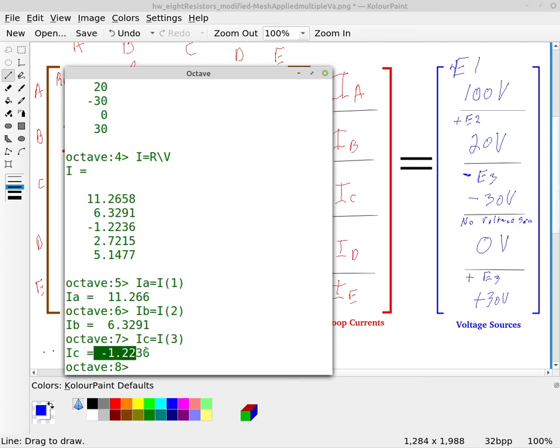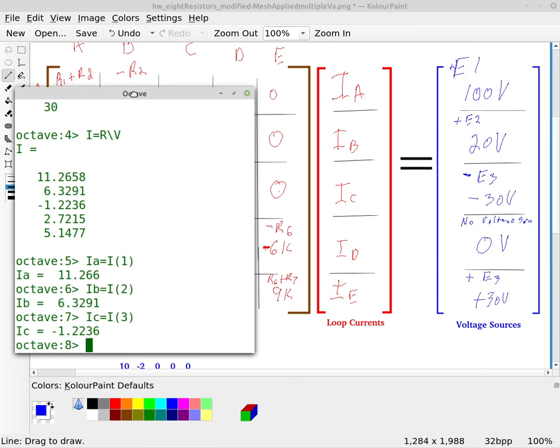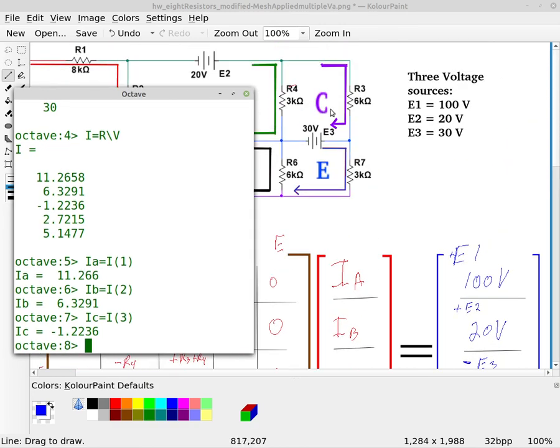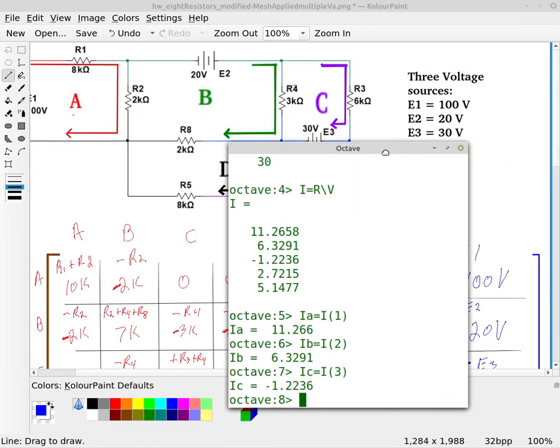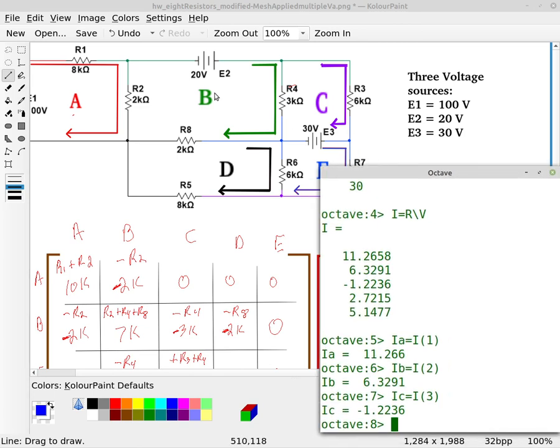Okay, IC is actually negative. Well, let's come back and look at our circuit. And remember here in this circuit, we have loop C.